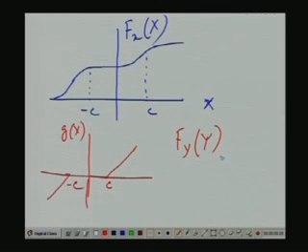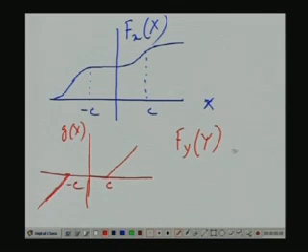Suppose capital Y is below 0. Okay. That means we are on this side, to the left of, I mean, the range of x falling to the left of minus c. For all of them, I have got the function g x given by this line, which is below this axis. So, that means, if y is less than 0, the corresponding probability distribution will be what? The net probability of x falling in this range.